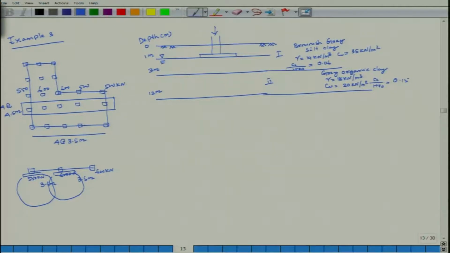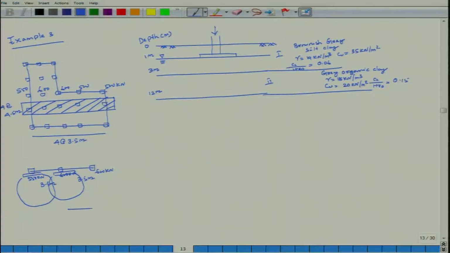I am covering one, two, three, four, five columns in a row. This is called your strip. Based on that, what will happen?